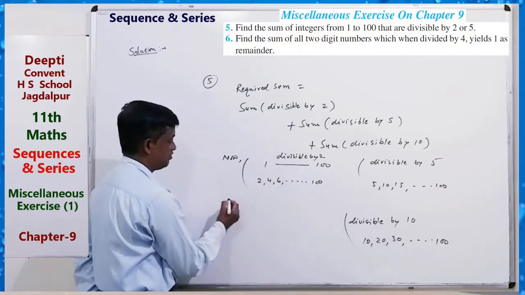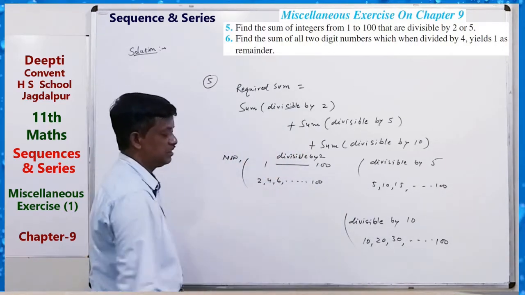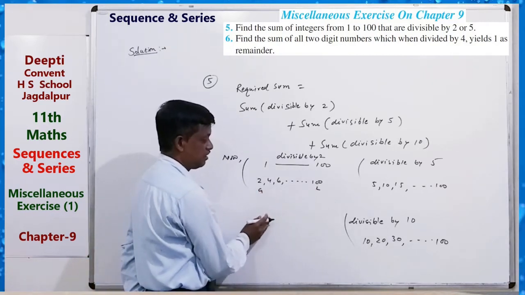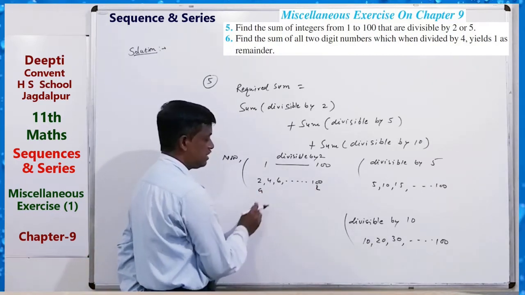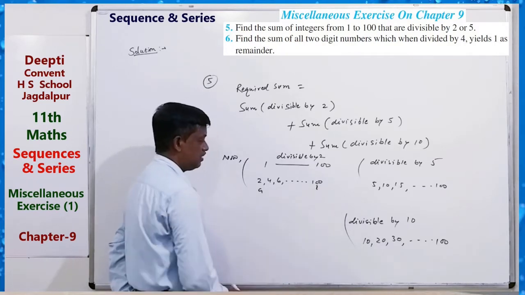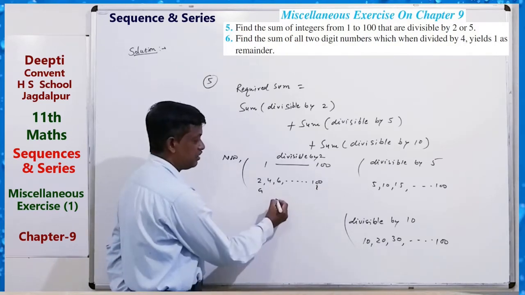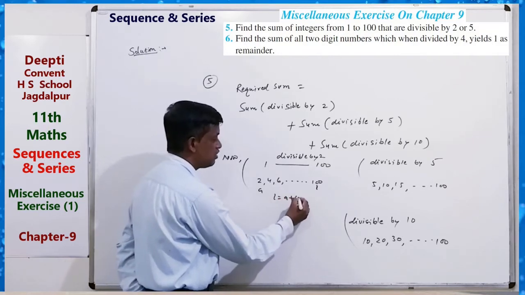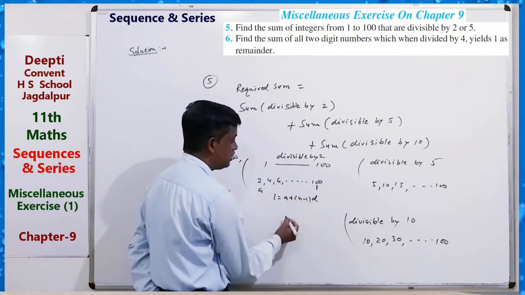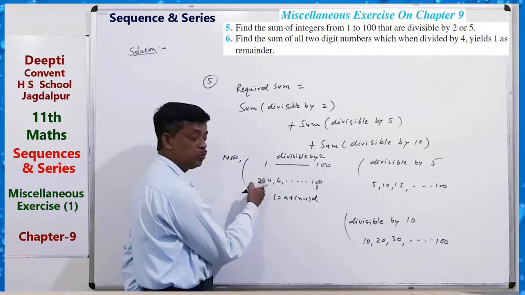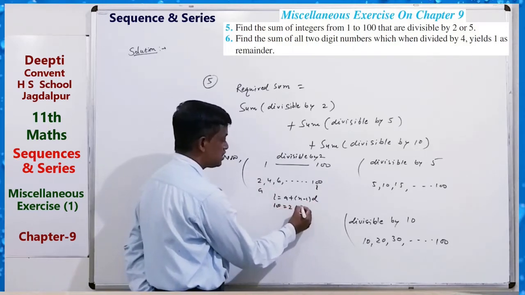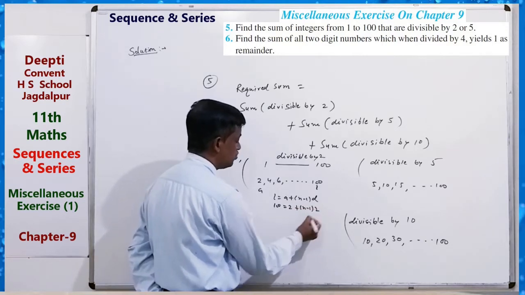Here, for the sum, how many terms are there? You can find this is L, this is A. Then L equals A plus n minus 1 into D. Here D equals 2. So L is 100, A is 2, plus n minus 1 into 2.